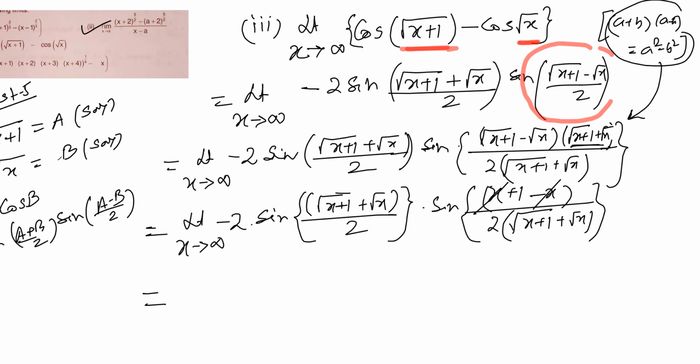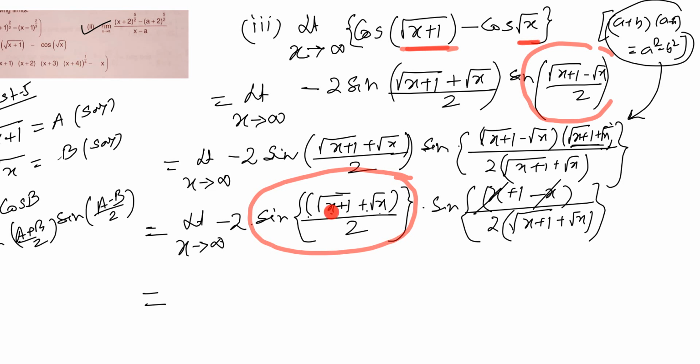The first thing to see: if you put infinity over here, the left hand side portion becomes infinity. So if you put infinity, infinity plus 1, and here also root over of infinity comes.